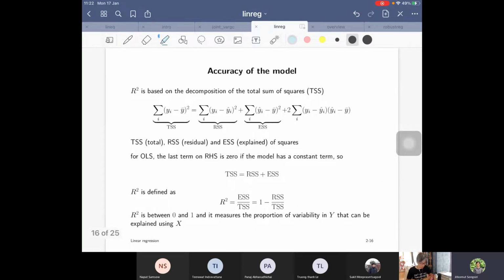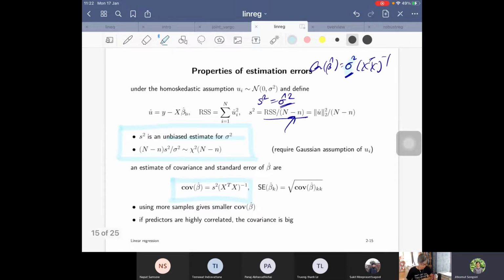Not yet, right? Okay. This quantity is standard and very common. You see that it is already available in any returned result from the linear regression command in MATLAB or in Python or in R.